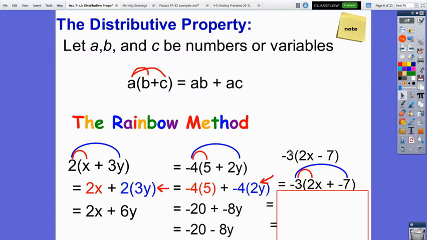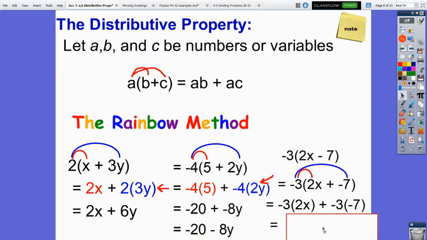So this one is negative 3 times 2x, first half of the rainbow, and negative 3 times negative 7. Negative times positive is negative, so that's negative 6x. And negative 3 times negative 7 is positive 21. All right, so these are some examples of using the distributive property to simplify an algebraic expression.